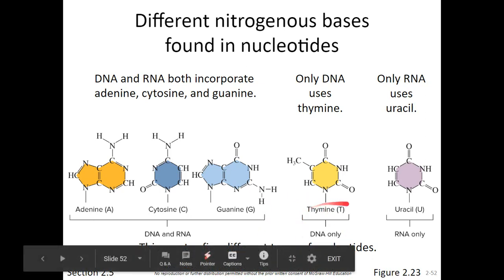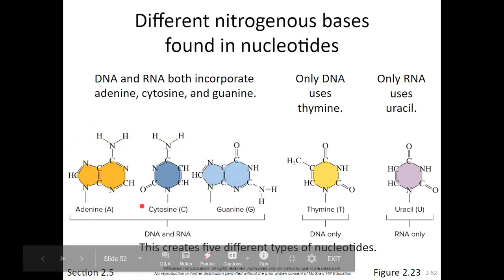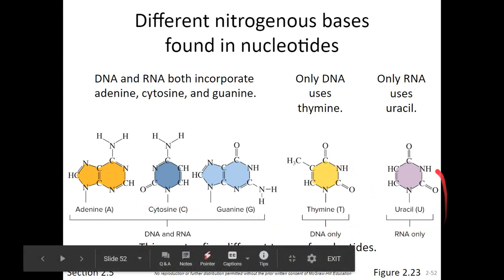Note that thymine is present in DNA, and uracil is present only in RNA, but adenine, guanine, and cytosine are always the same, everywhere in DNA as well as RNA. The exceptions are thymine and uracil.